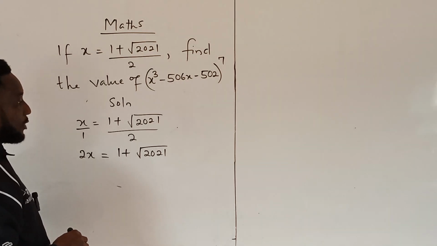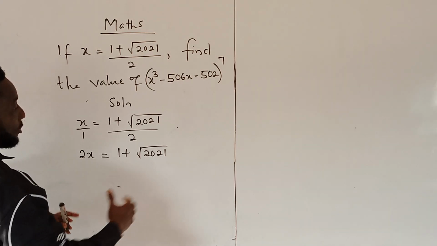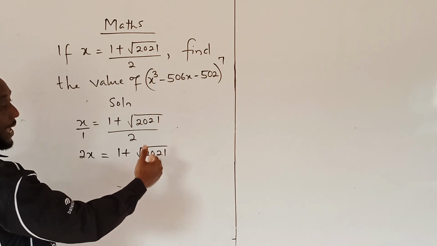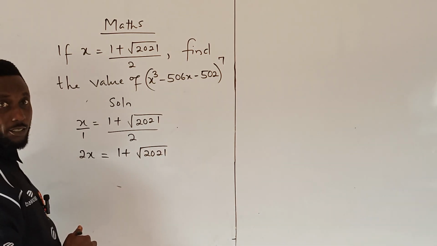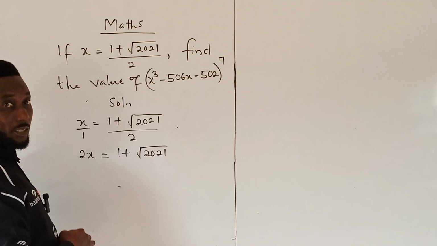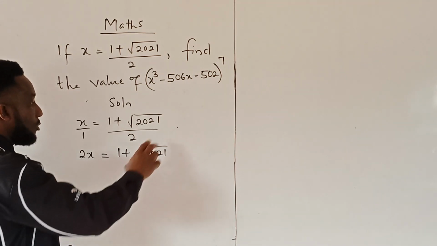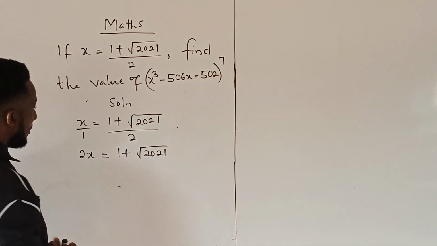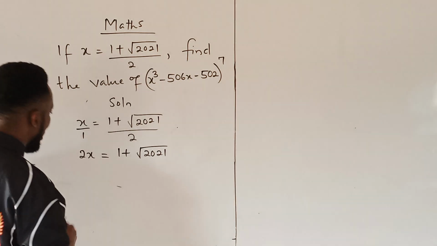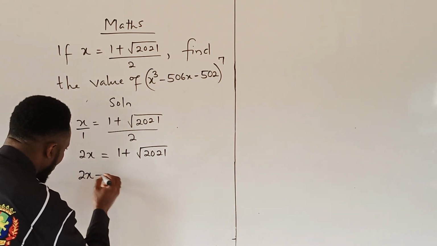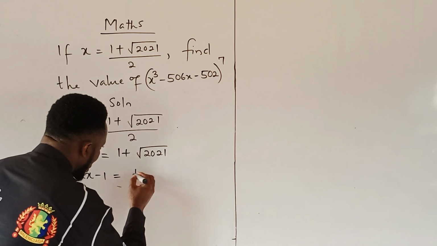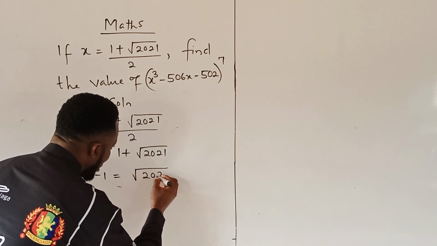Now, we should make sure that we isolate the radical on one side. That's the major concern, the radical, so we have to deradicalize it. I will subtract 1 from both sides. So we have 2s minus 1 equal to the square root of 2021.